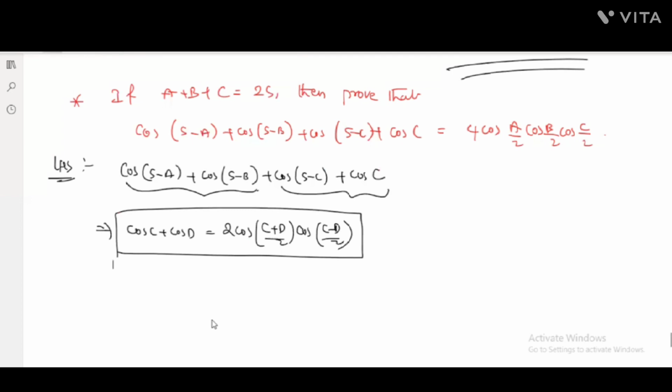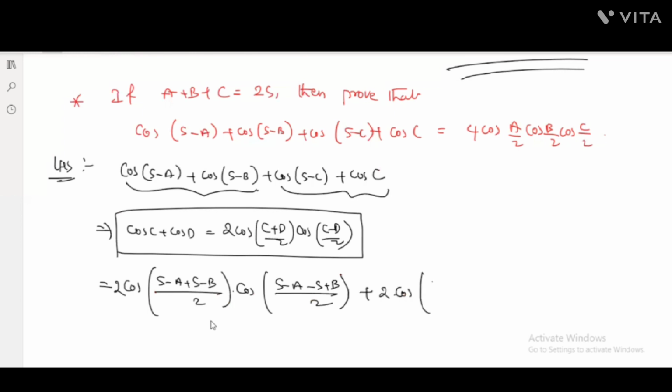If we apply this formula, we get cos of (C plus D) means (s minus a plus s minus b) by 2, into cos of (C minus D) means (s minus a minus s plus b) by 2. Then plus 2 cos of (s minus c plus s) by 2 into cos of (s minus c minus s) by 2. Sorry, this is s.